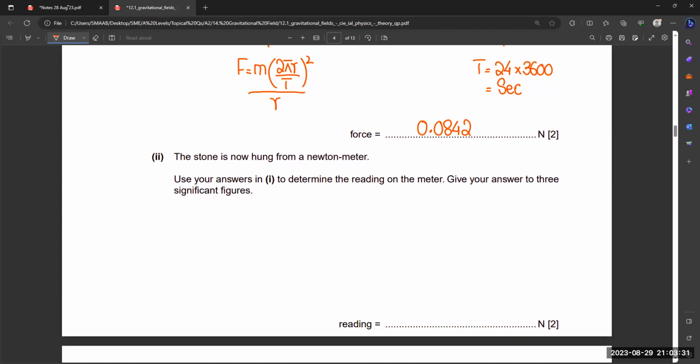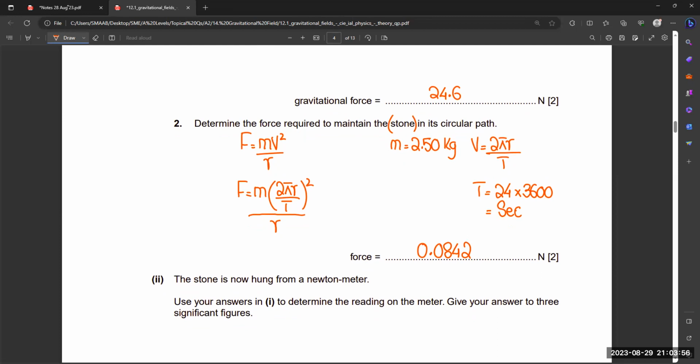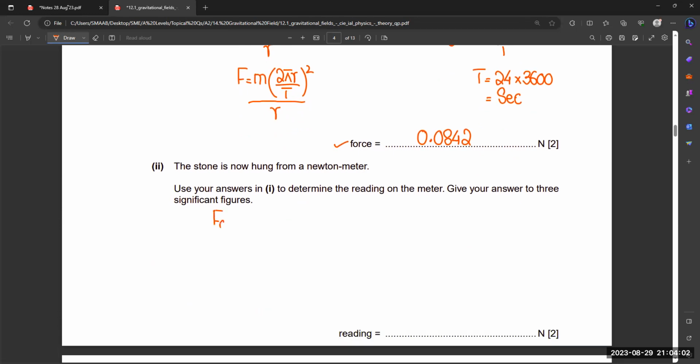In the next part, it is written: the stone is now hung from a Newton meter. A Newton meter gives you the value in Newtons. Use your answer in part 1 to determine the reading on the meter. Give your answer to 3 significant figures. So basically in part 1, we got the value 24.6, and we need to subtract the second force. Why? Because both are opposite, right? So we need to subtract the value.